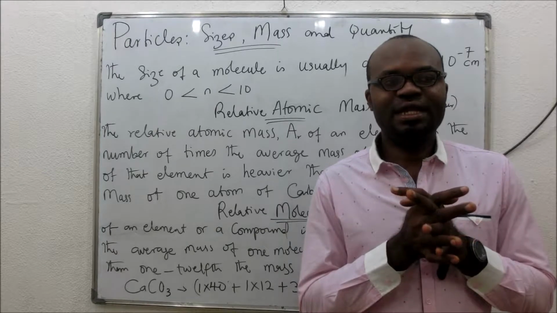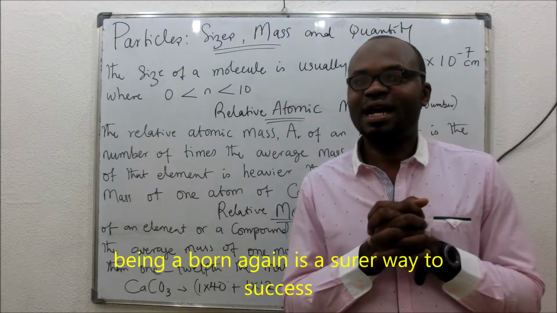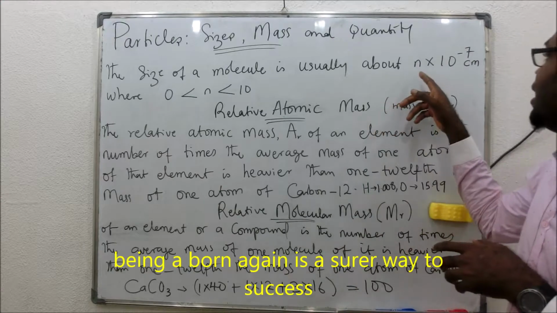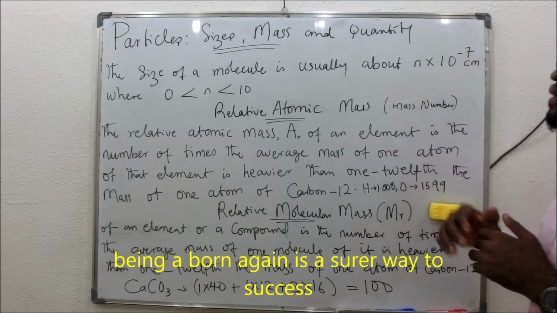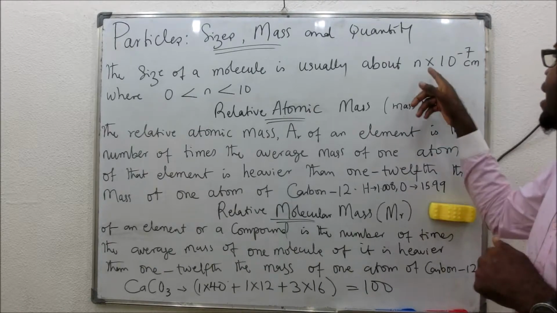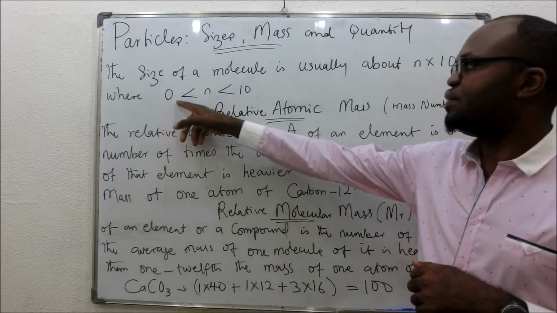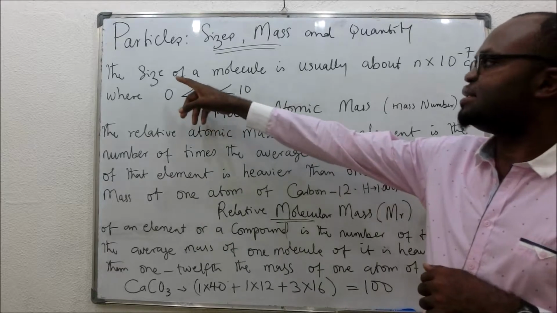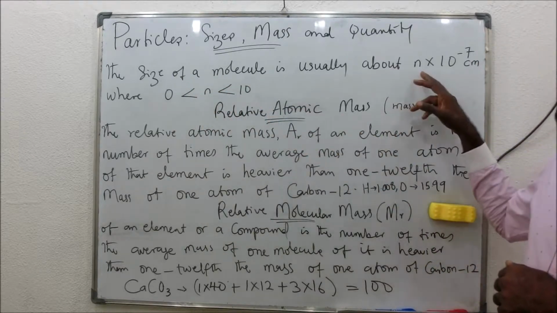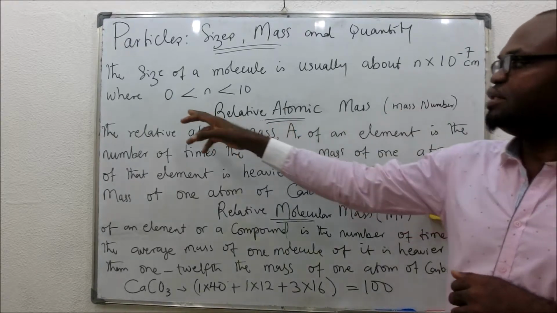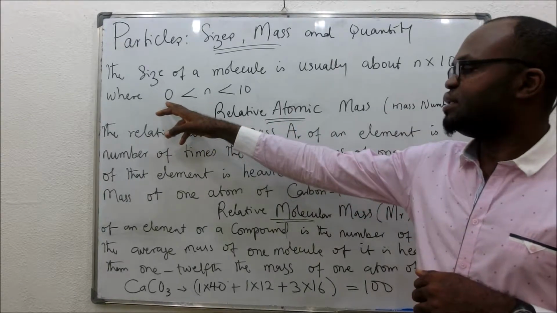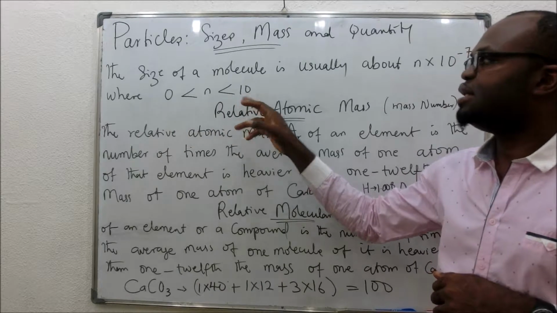We know that the size of molecules or atoms is in the range of n times 10 to the power minus 7 cm, where n is between 0 and 10.